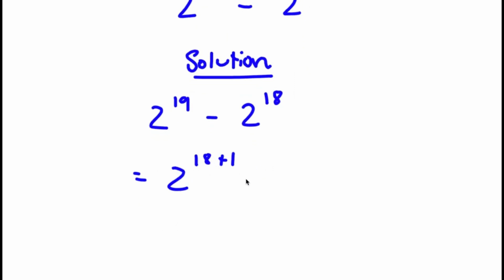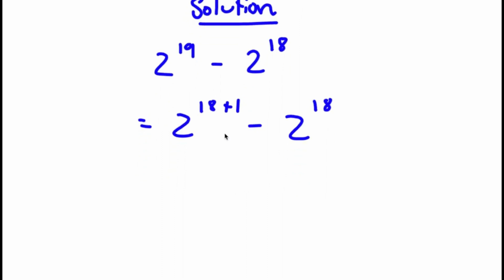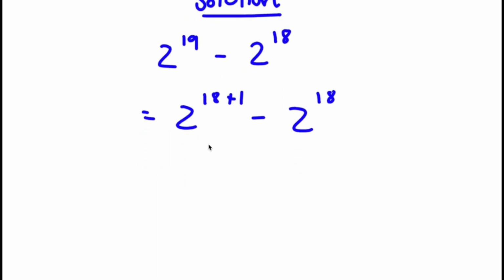So now I have 2 to the power of 18 plus 1 minus 2 to the power of 18. Now, if I have something in the form a to the power of m plus n, this is equal to a to the power of m times a to the power of n.